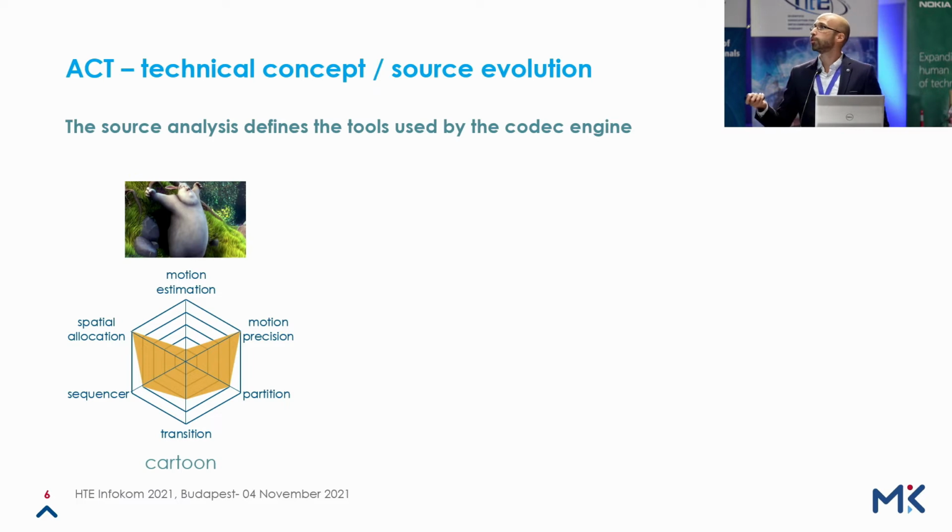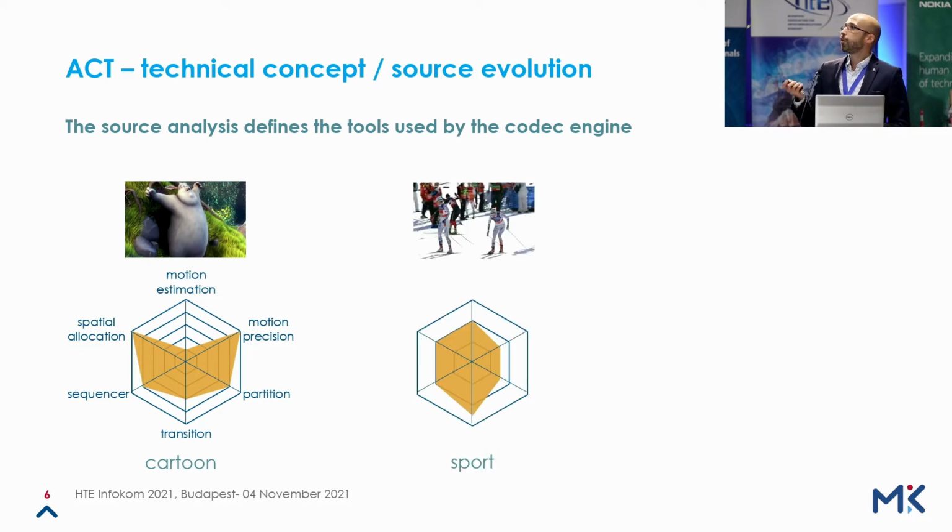Basically, every content will have its own specificity. If you look, for example, at this cartoon, you see that there is quite a bit of spatial detail because there are lots of textures, sharp edges, and everything. But motion is quite simple and easy to track. There are also not a lot of transitions, it's just soft flowing content. If you go to something more like sports, you probably are far more pressed on transitions because you'll have different cameras, different angles, fast pans and everything.